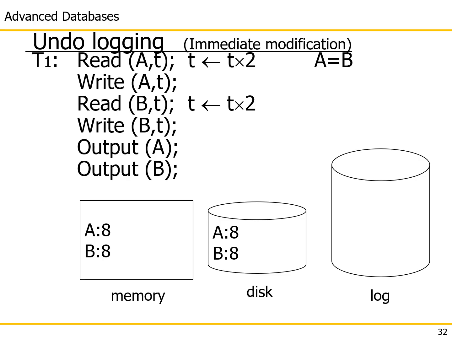Now, undo logging is all about history. In undo logging, the goal is to bring the database content to an old consistent state if there are any anomalies or violations of constraints.